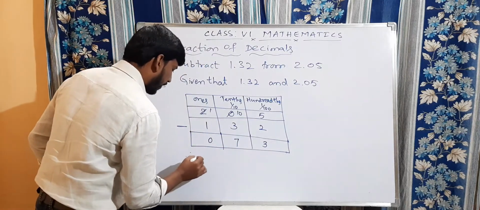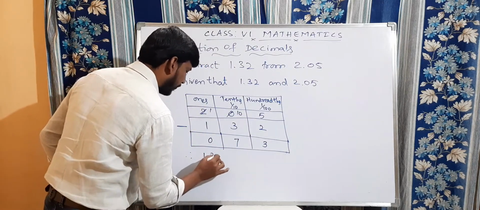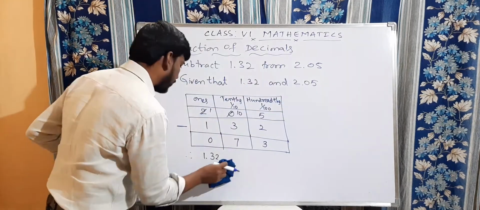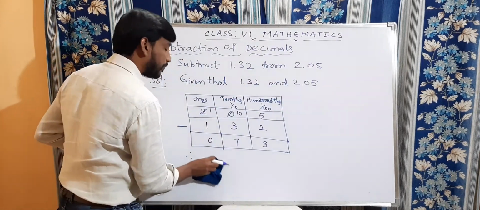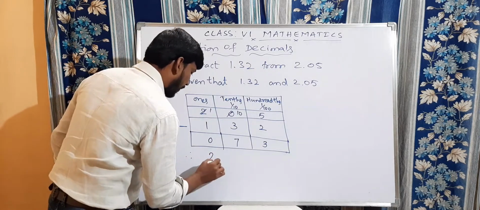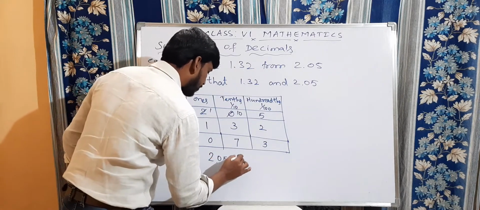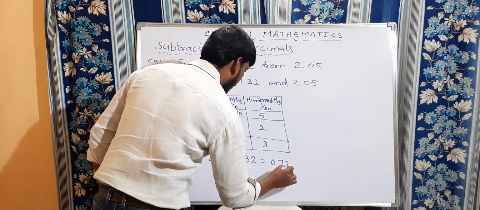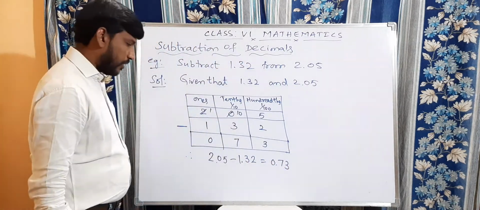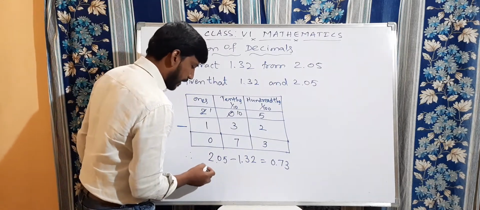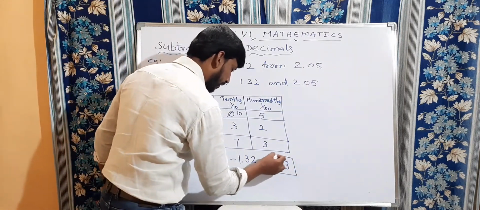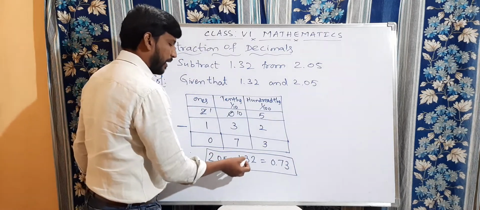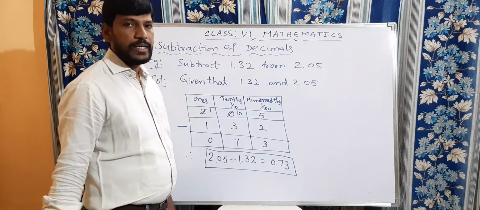So when we subtract 1.32 from 2.05, 2.05 minus 1.32 is equal to 0.73. Clear? We need to write the therefore statement like this: first write the big value, then the small value. 2.05 minus 1.32 equal to 0.73.